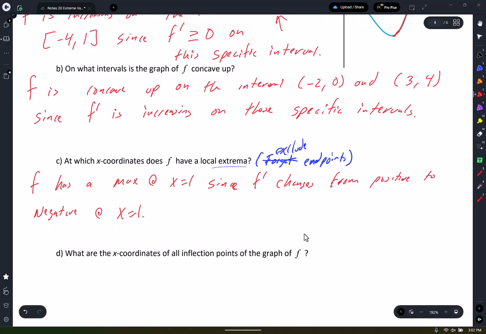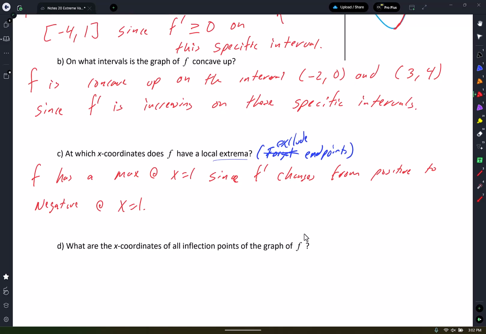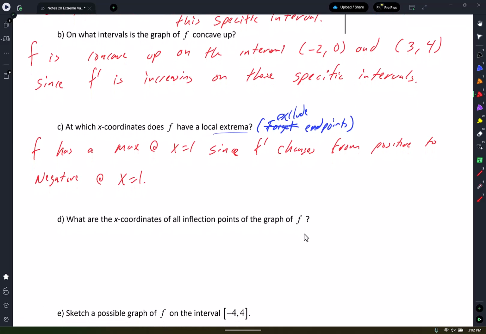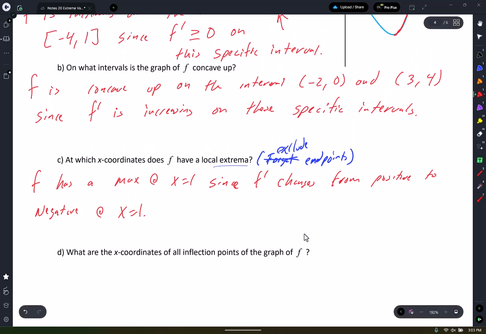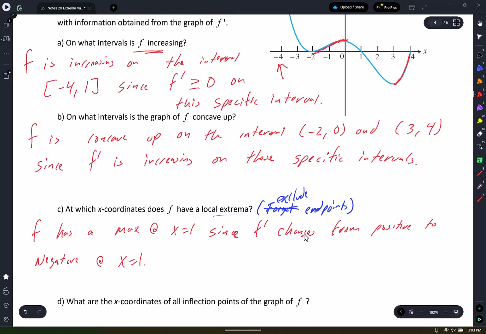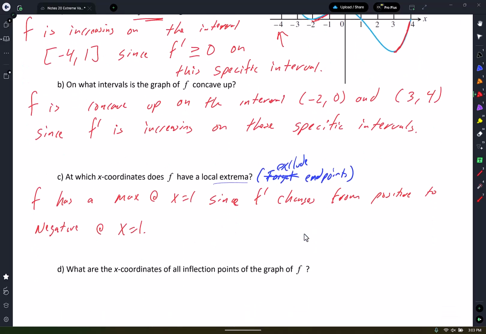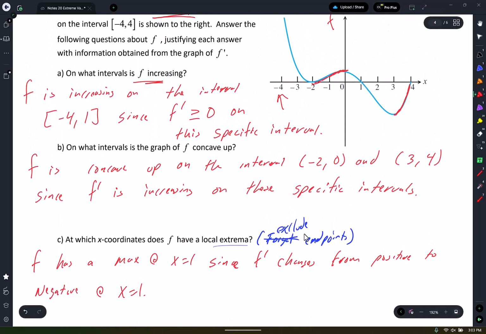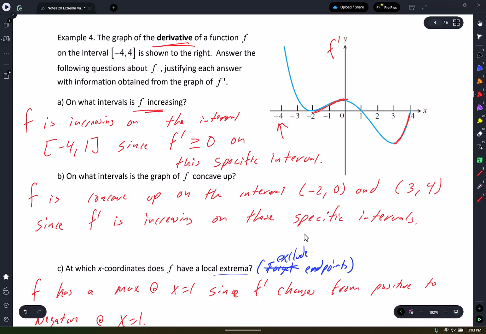We just got 2 more letters. What are the x coordinates of all inflection points on the graph of f? All right, where are my inflection points? 0, -2. Let's see, 0, yes. -2, yes. And 3, yes.